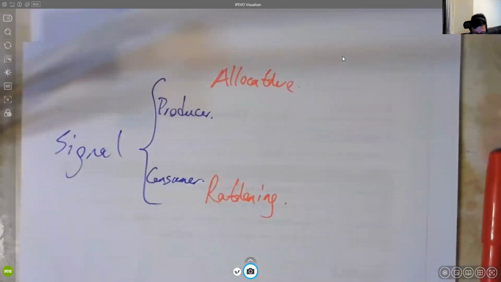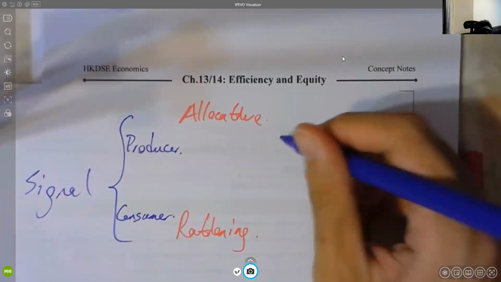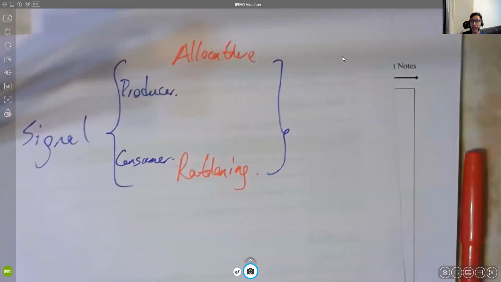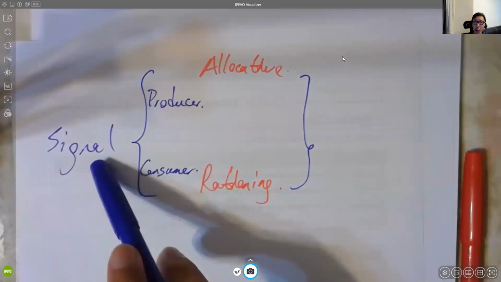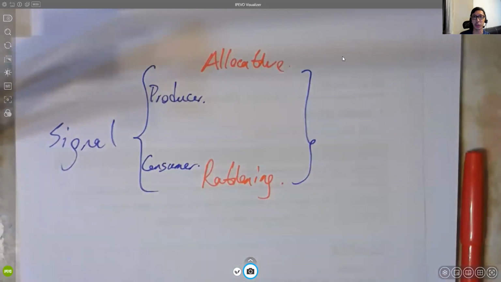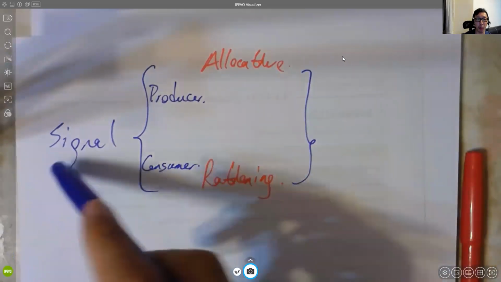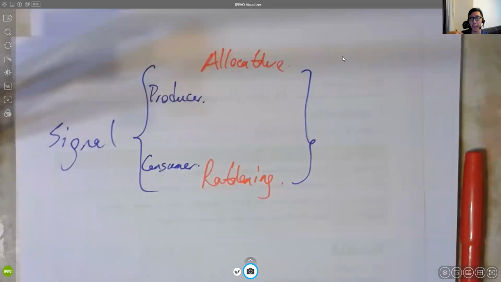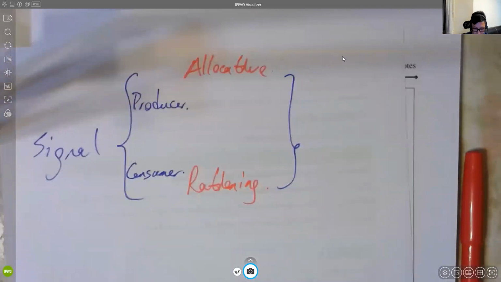Now, finally, we are talking about those who follow the signal to do their resources allocation or to do the purchasing of the goods. What if you do not follow? Then something will happen.